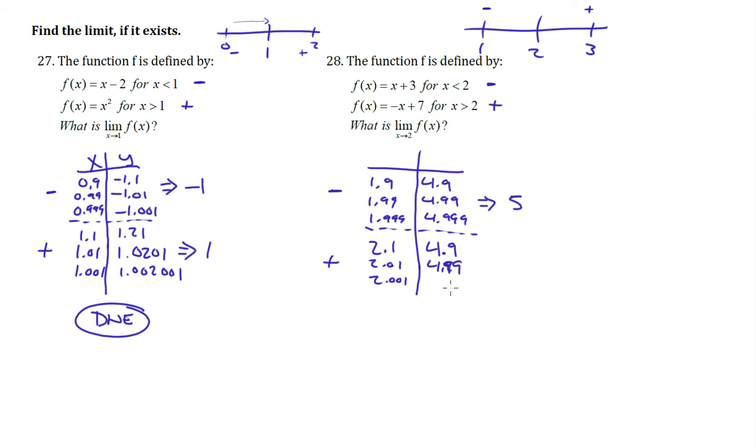Yep, there we go. And then negative 2.001 plus 7 gives us 4.999. This here is also approaching 5. So since the limit is approaching 5 from both sides of 2, the negative side and the positive side, we can say that this limit is going to be 5.